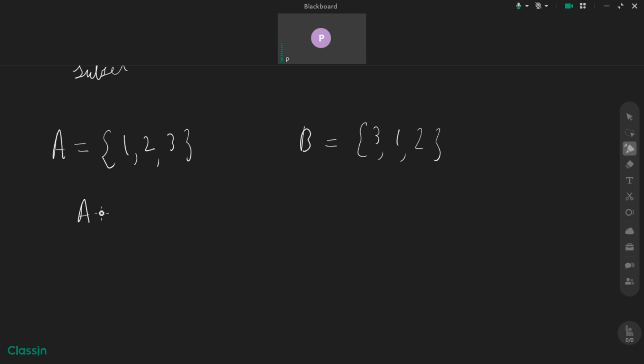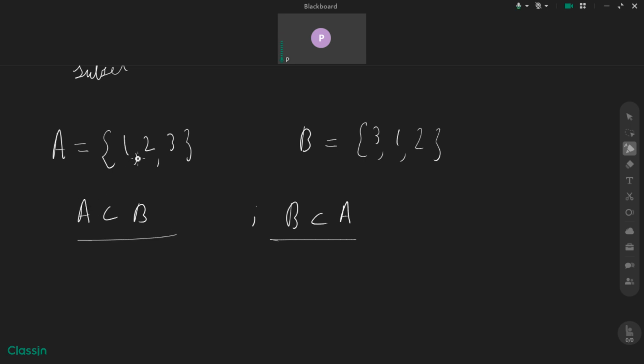We can easily see that A is a subset of B because every element of A is present in B. We can also see that B is a subset of A: 3 is present in A, 1 is present in A, 2 is present in A.